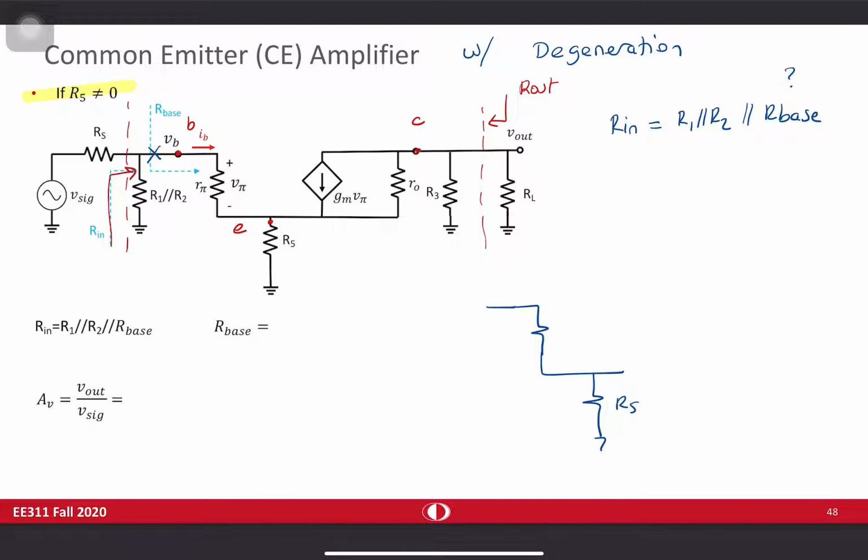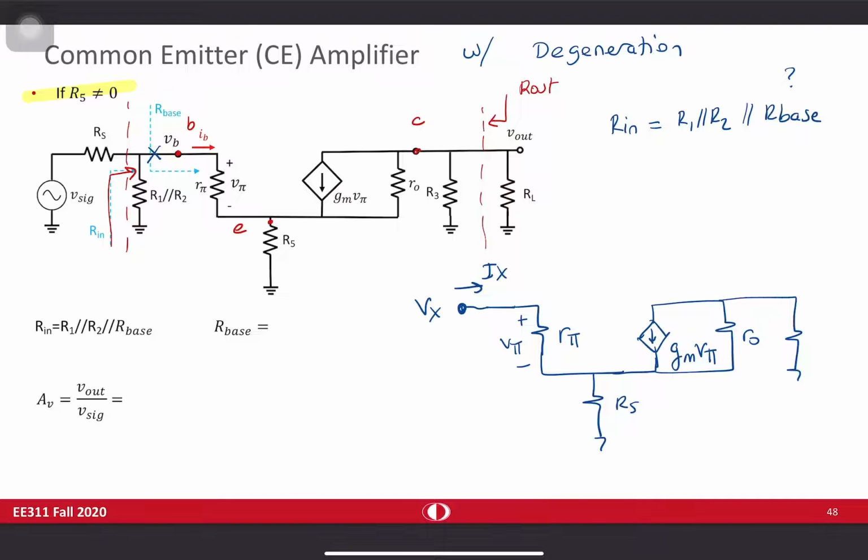R5, R pi, V pi. This node is at Vx, this is Ix. I have GM V pi, R0, R3, RL. This is the circuit for finding R base, where R base is equal to Vx divided by Ix.